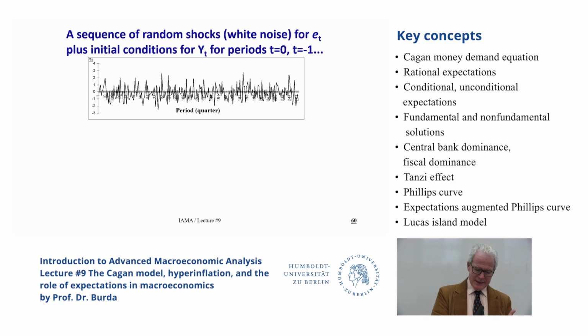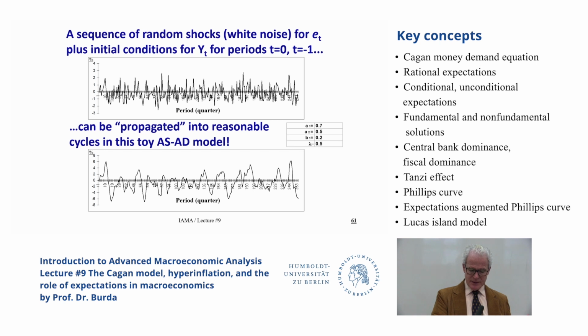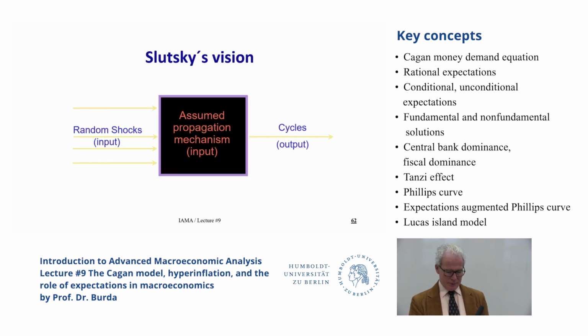So that's going to be partially a way of transmitting shocks that are purely random in the sense of this time series, white noise, serially uncorrelated, constant variance, mean zero shocks, into something like this. So we'll show in January how these random shocks can be actually propagated into a cycle that looks very similar to what we'd see if we looked at the data for inflation or for output growth.